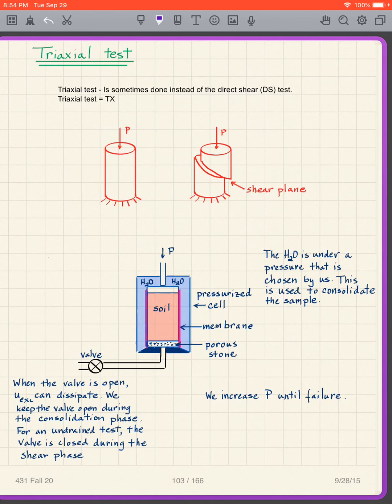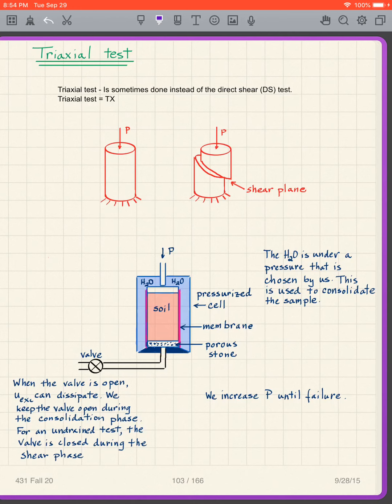Now, the load P goes through a piston which contacts the top cap of the sample. Here I'm showing the bottom cap is a porous stone, and that allows water out of the soil. Frequently the soil itself is saturated.